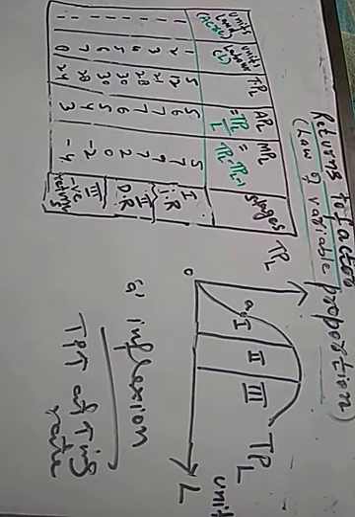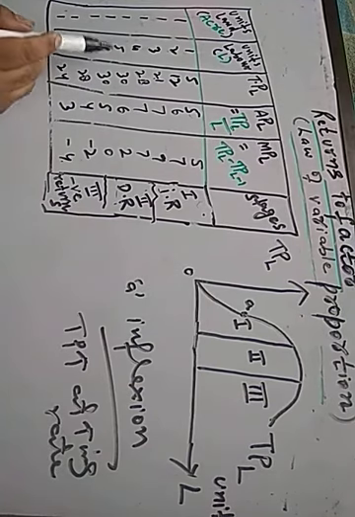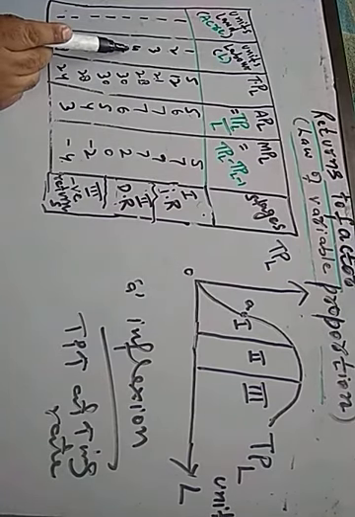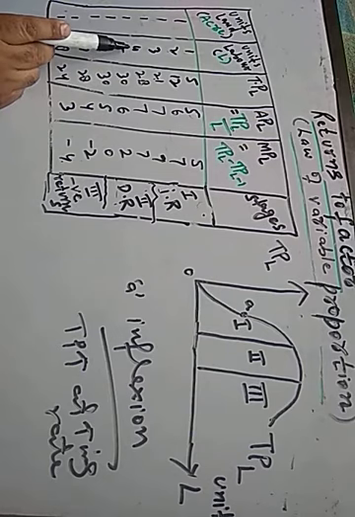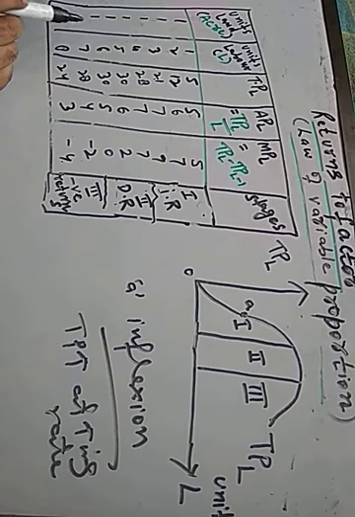And the second stage starts from this combination. When we use L4 units of labor and 1 acre of land, this is the end point of the first stage.